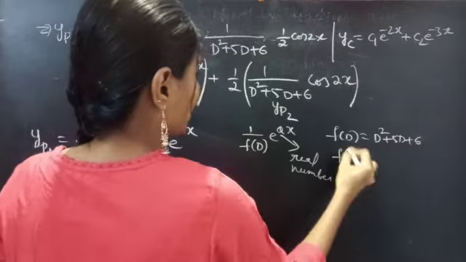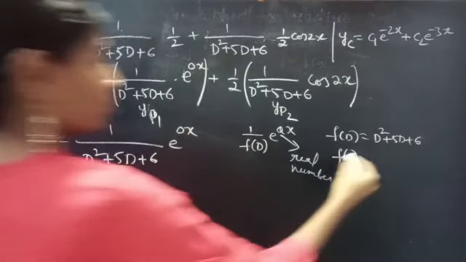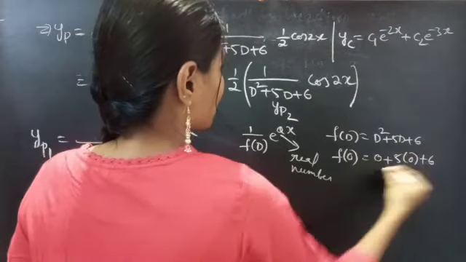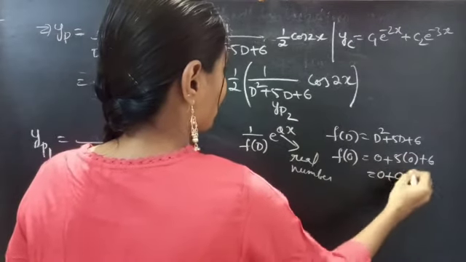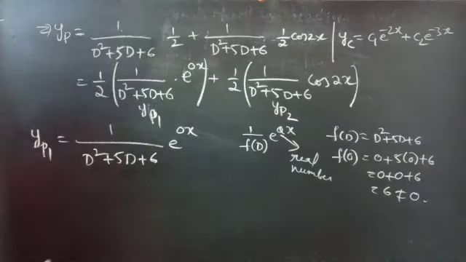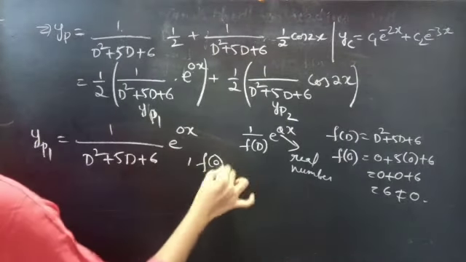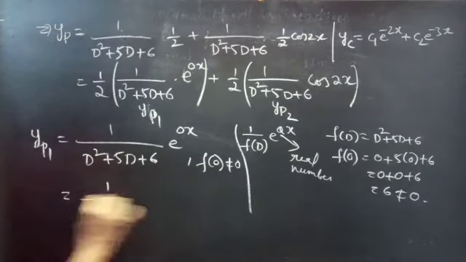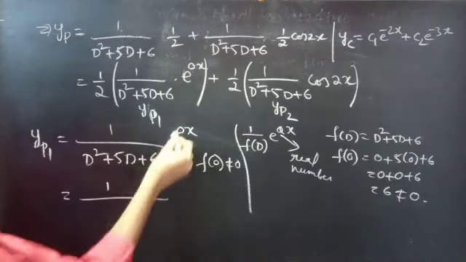Let's find f of 0 equals 0 plus 5 into 0 plus 6, which is 6, not equal to 0. Since f of 0 is not equal to 0, we can just replace D by 0.